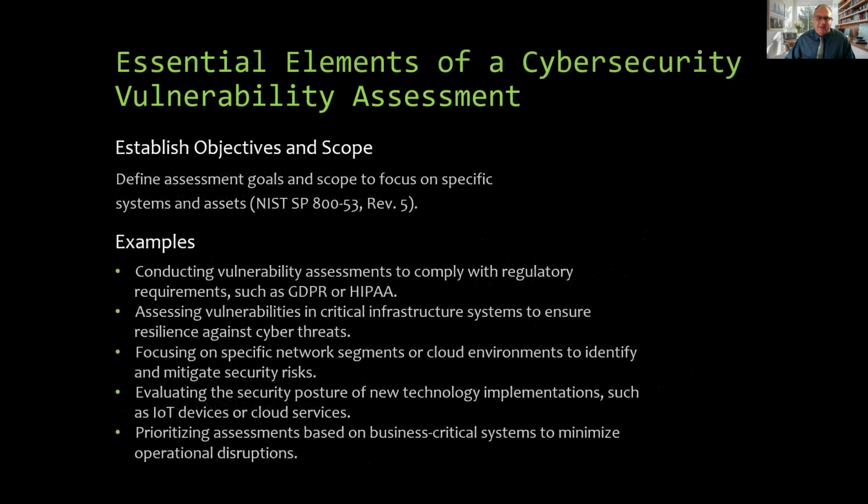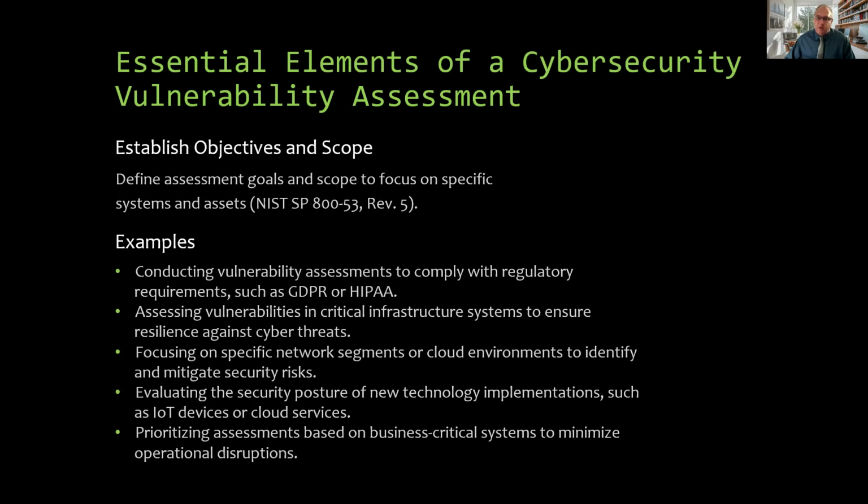All right, so let's get into the essential elements of a cybersecurity assessment. First, we want to establish the objectives and the scope. We want to define assessment goals and scope to focus on specific systems and assets. Maybe the scope is deciding on how to get up to speed on our regulation requirements.